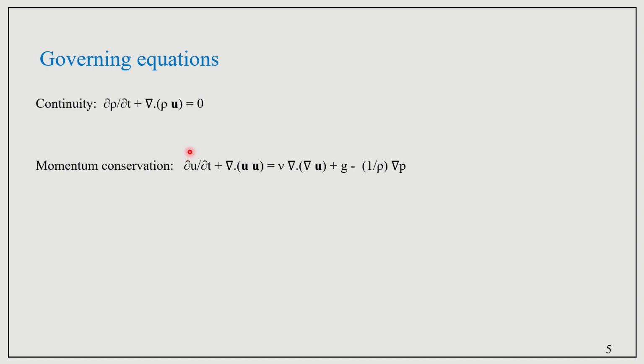So it is the momentum conservation equation. Dou u by dou t plus del dot u into u equal to nu into del dot del u plus g minus 1 by rho into del p. So this is the rate of change of momentum with respect to time, and the rate of change with respect to the convective motion, and this is due to the diffusional effects, and this is the body force, and this is the pressure gradient force.